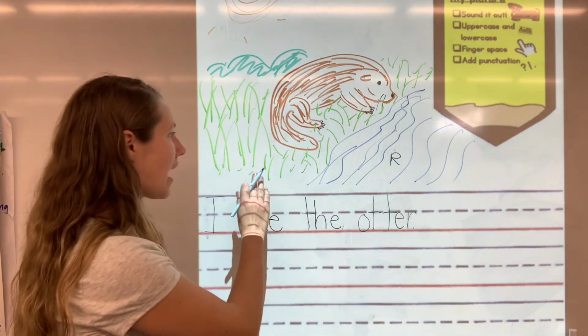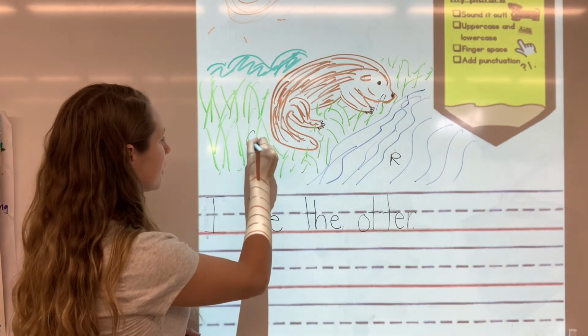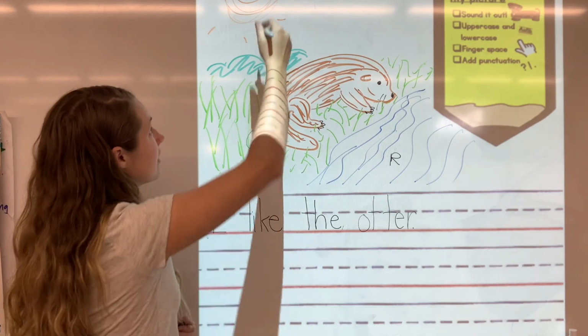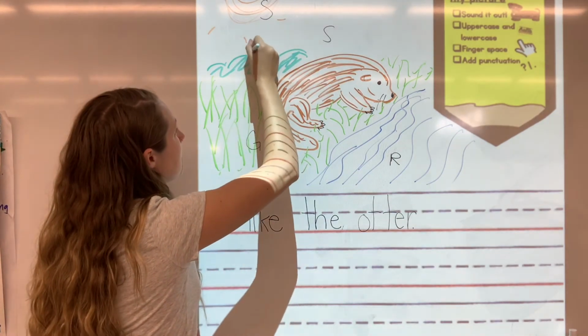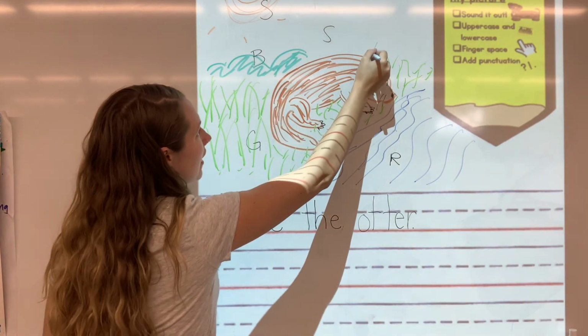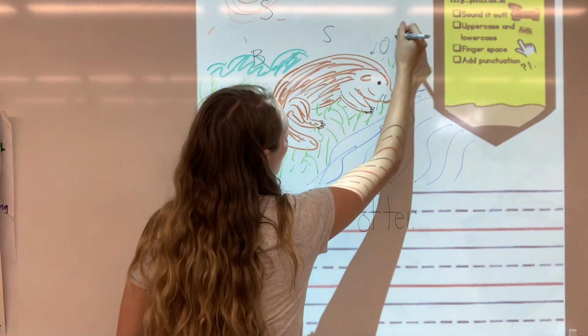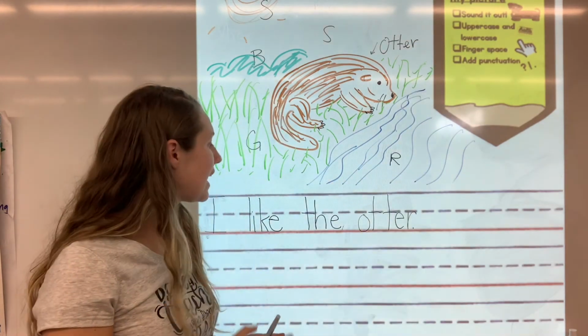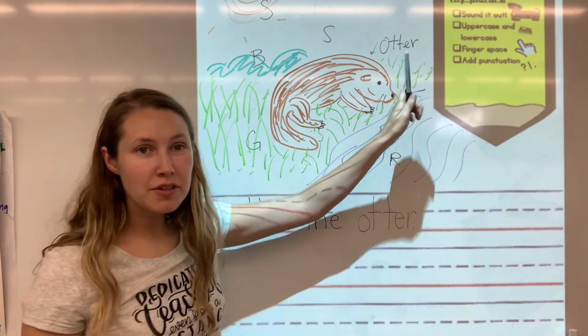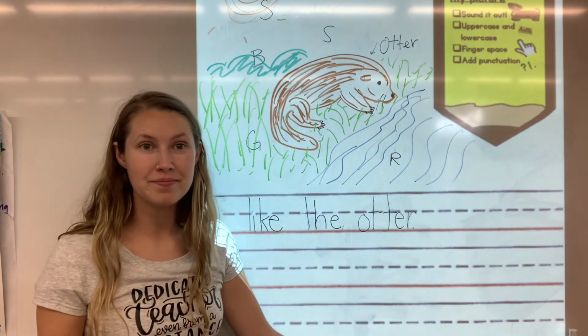But since I drew grass, he's going to be by a river. I'm going to use a G for my grass, an S for my sun and my sky, and a B for my bushes, and then I'm going to label this otter.